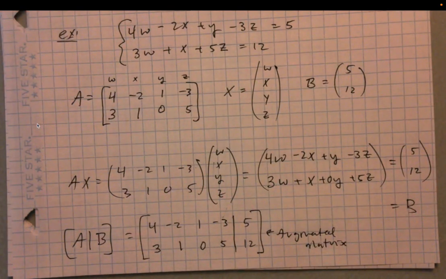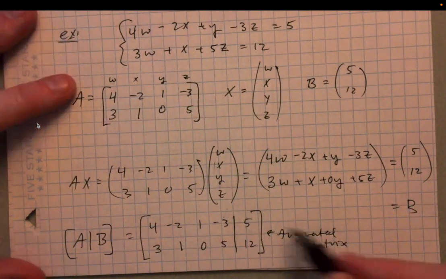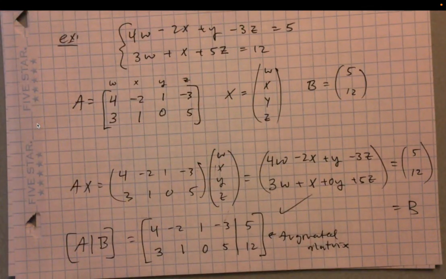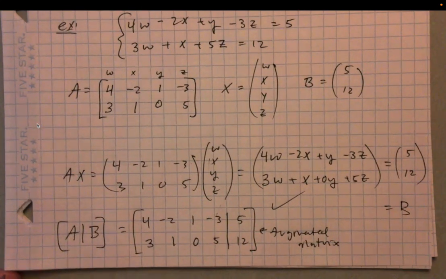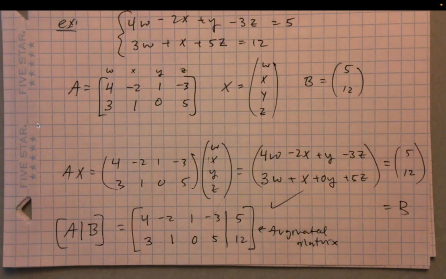Okay, perfect. And so this is going to be the setup that we'll use when we are trying to solve these systems using Gaussian elimination. Now, before we get into how Gaussian elimination works, we need to talk through what kind of forms the solutions to a system can take.